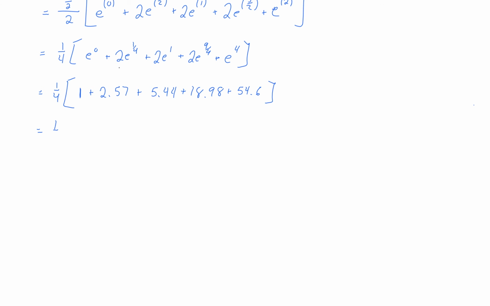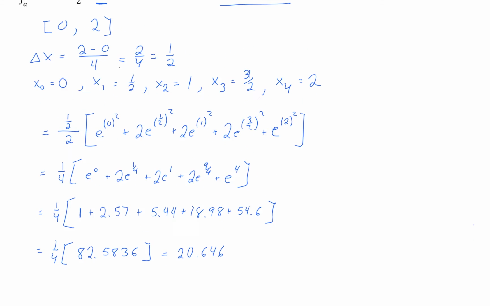Add those all up and you have 1/4 times 82.5836. When I added them together, I got a little more precision, 4 decimal points, and that equals 20.646, and that is our trapezoidal rule approximation.